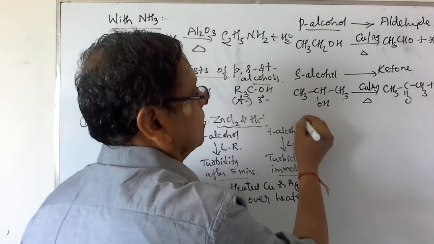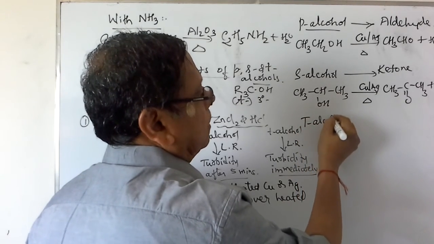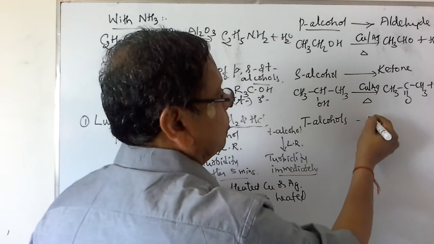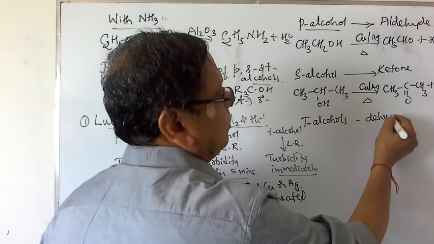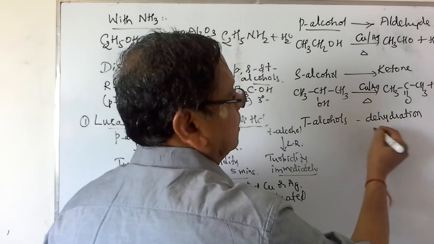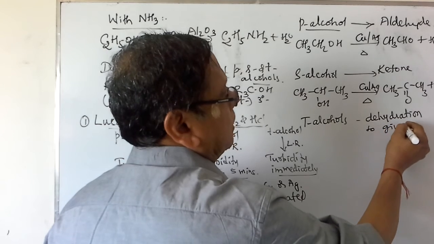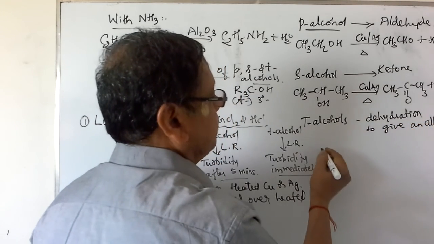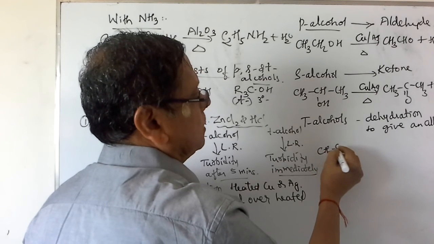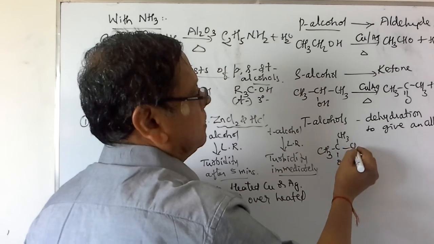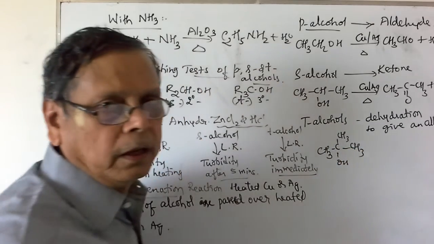Tertiary alcohols do not easily undergo dehydrogenation, but they undergo dehydration to give an alkene. For example, if you take CH3-COH(CH3)-CH3, this is called tertiary butyl alcohol.